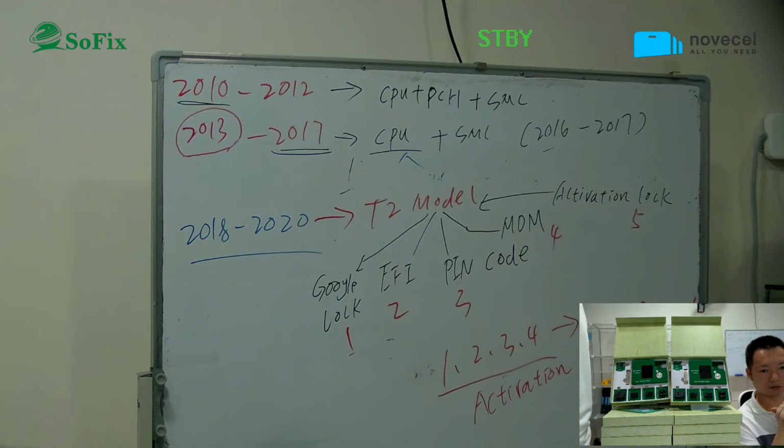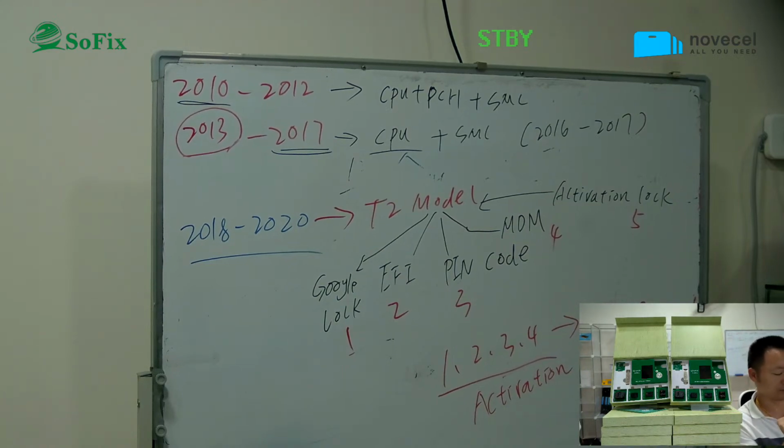On the T2 model, you have the Google lock, EFI lock, pin lock, and the MDM lock. It also has the activation lock. With the U-Box 2, the method can remove the Google lock, EFI lock, pin lock, and MDM lock. For the activation lock, you must replace the T2 chip.